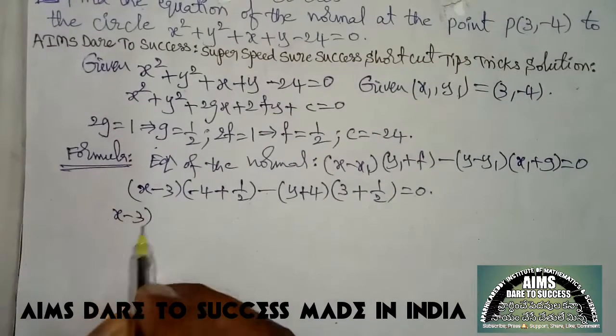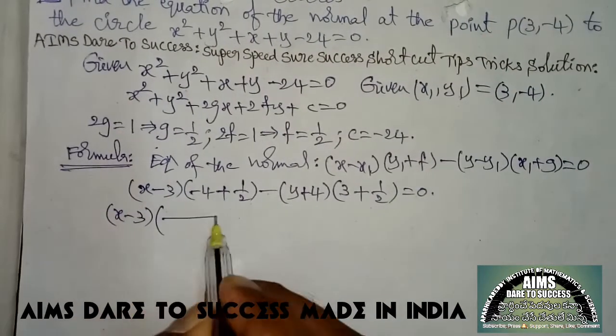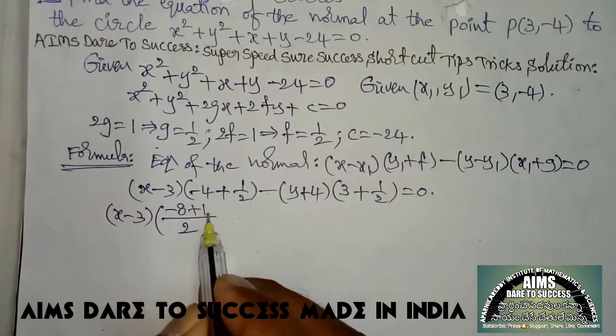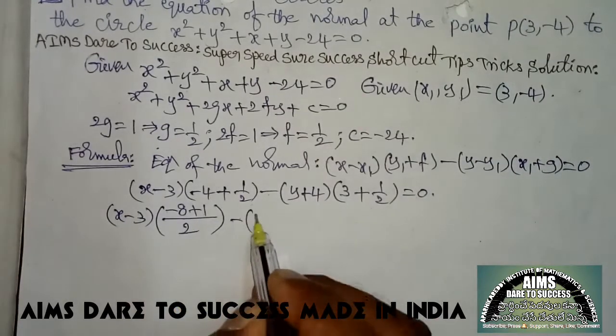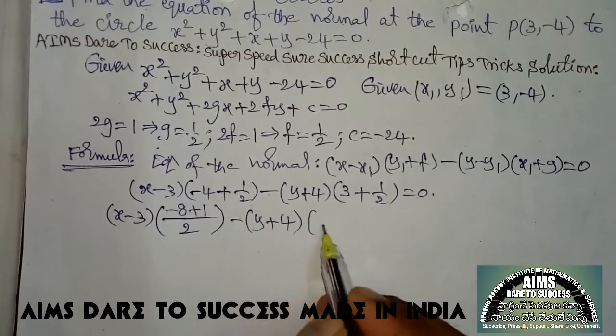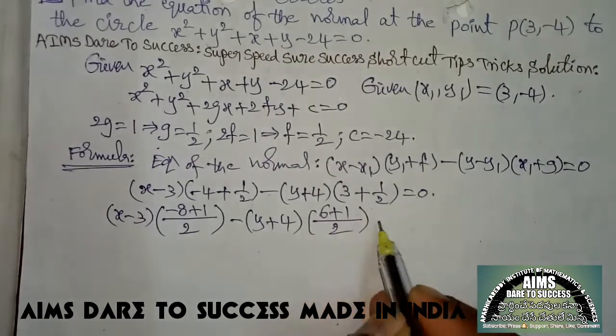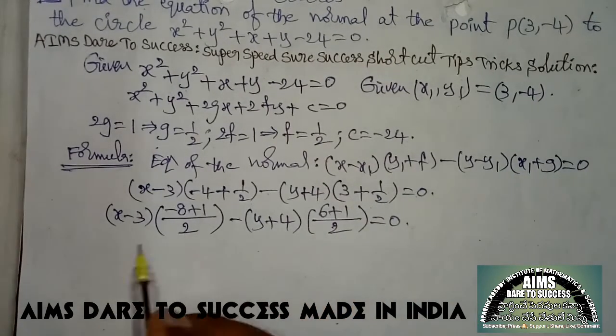Now (x minus 3) into, here I am taking 2 as the LCM, 2 into minus 4 is minus 8, plus 1 by 2, minus (y plus 4) into, taking 2 as the LCM, 2 into 3 is 6, plus 1 by 2, is equal to 0.